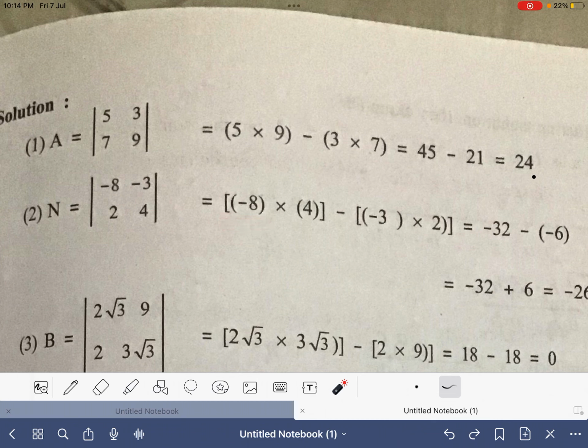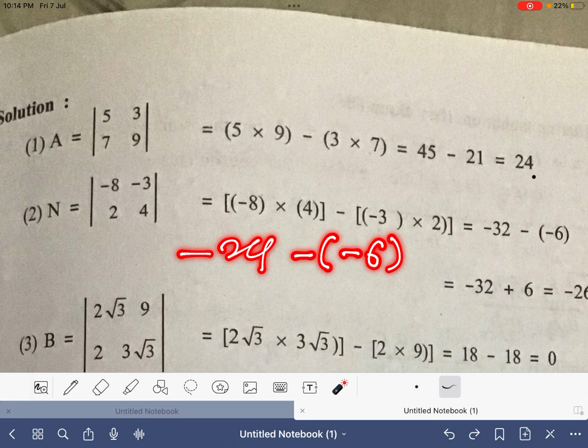So minus 8 into 4 minus of minus 3 into 2. So what will happen here, minus 8 into 4, so therefore 24, minus as it is, then minus into bracket 3 2s are 6, means minus 6.